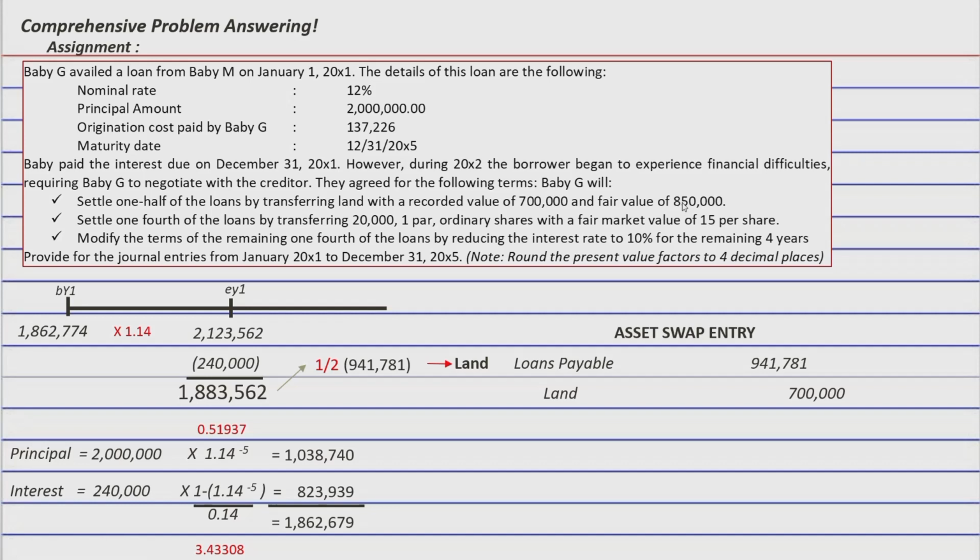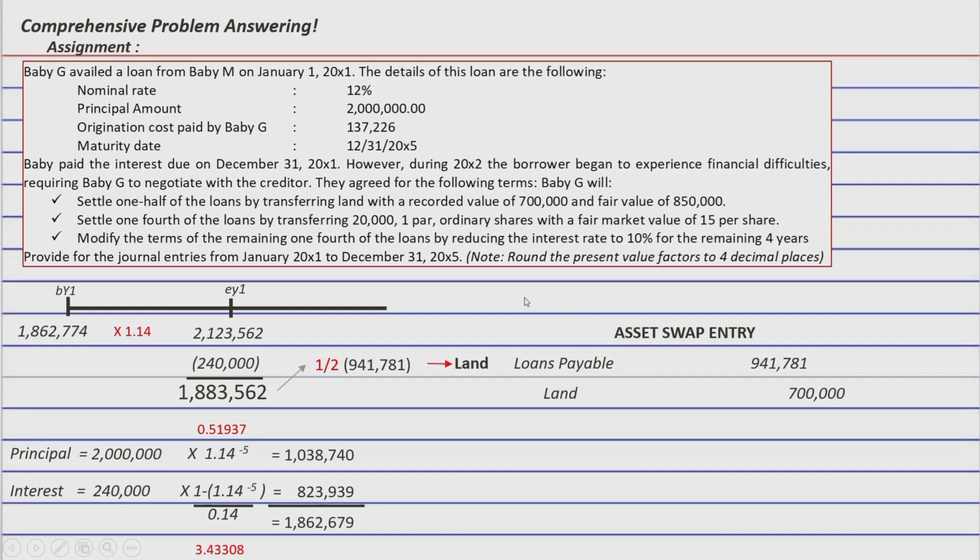In our books, we only have a land balance of debit 700,000.